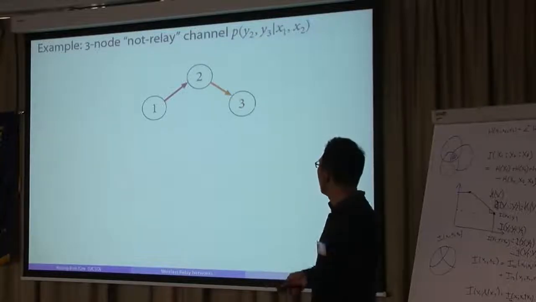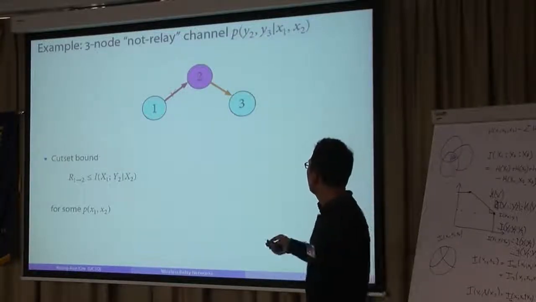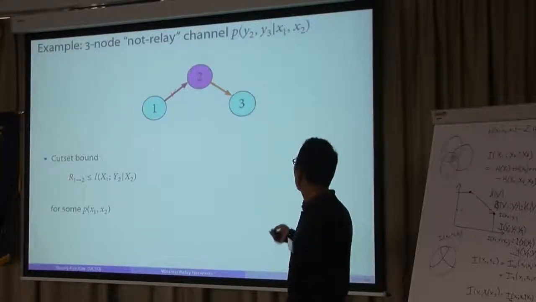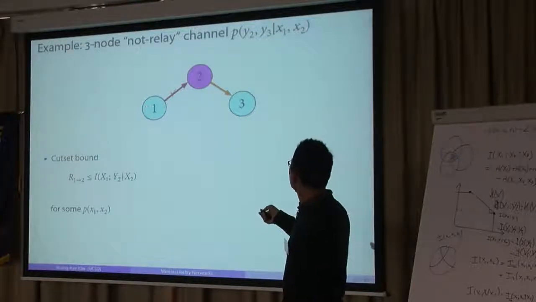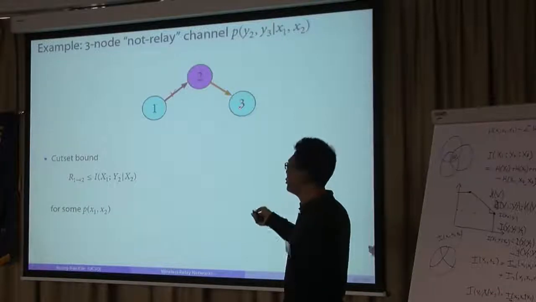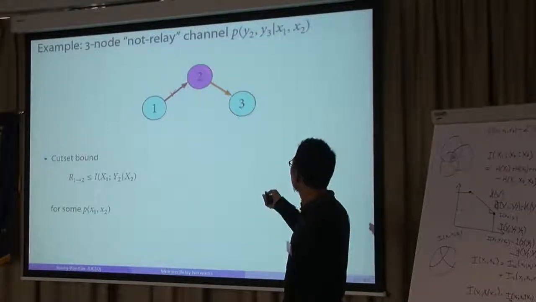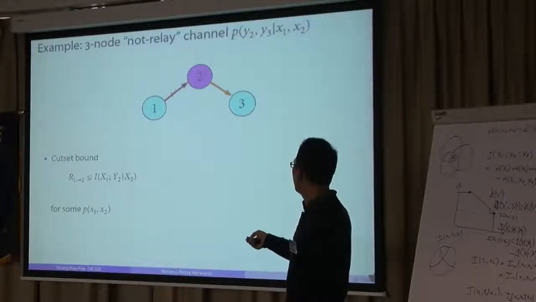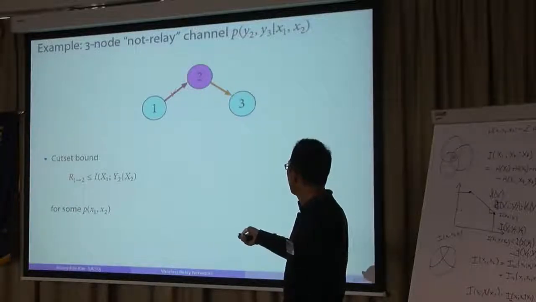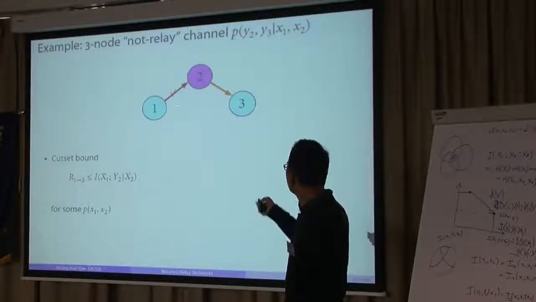And for this non-relay channel, here is the typical way of doing the cut-set bound. I first make the light blue a source cut, S, and this is S complement, okay? Then I get the rate upper bound for this one, because this is only cut one, right?